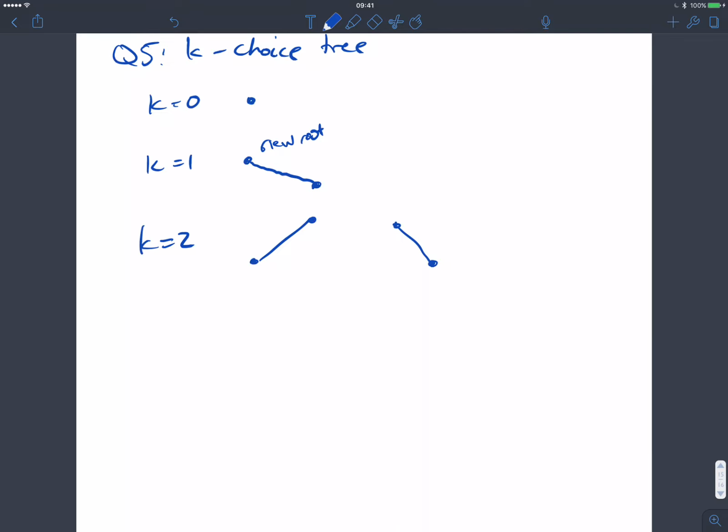Now the rules say, this is root 1 and root 2, and I'm going to arbitrarily pick one root to be the child of the other root. So let's say I pick R1 to be the child of R2. So this is the new root. But I could have easily chosen the other way.